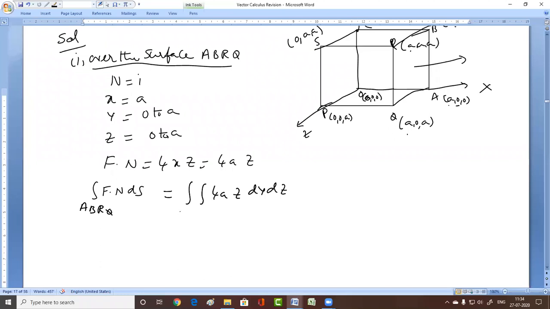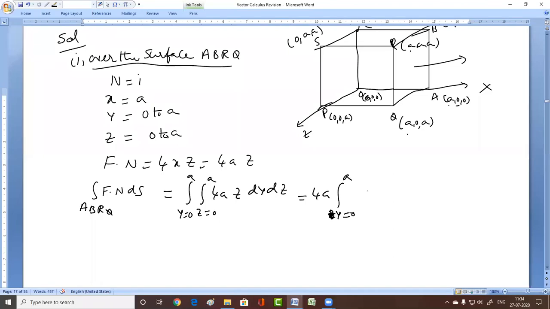Now what about the y limits? Y is 0 to a, z is 0 to a. Now integration is very simple. 4a into integrate with respect to z first, then with respect to y.